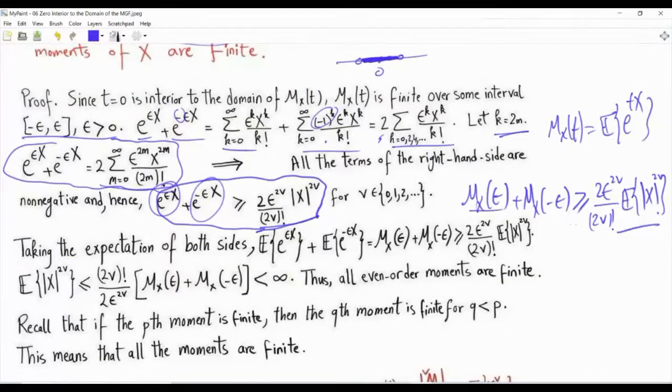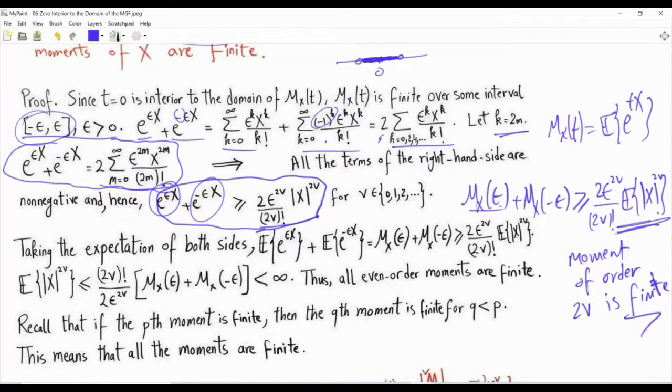Now, what do we know about the moment generating function? We know that it is finite on this interval here, because it is finite on a neighborhood of 0. So this is finite, and this is finite. So the moment of order 2v, E[X^(2v)], is finite.